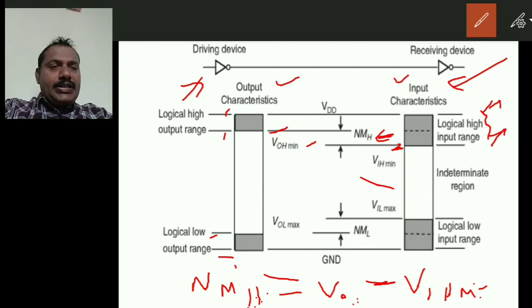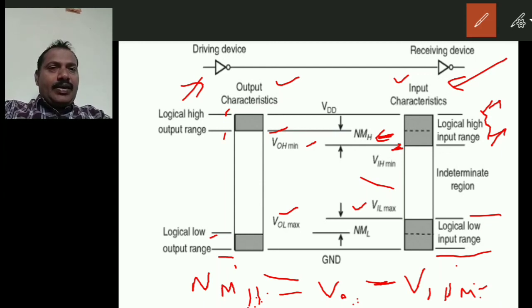For the input receiving device, the voltage level for logic 0 is from here to here. Now, this is the VOL maximum, this is the VIL maximum. So always VIL must be greater than VOL, that is a must.